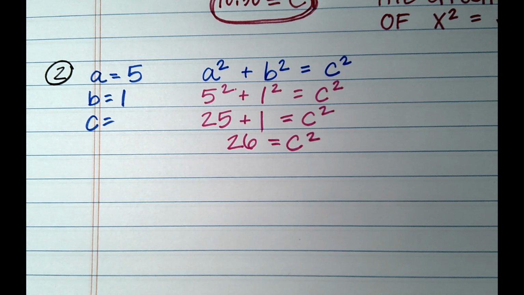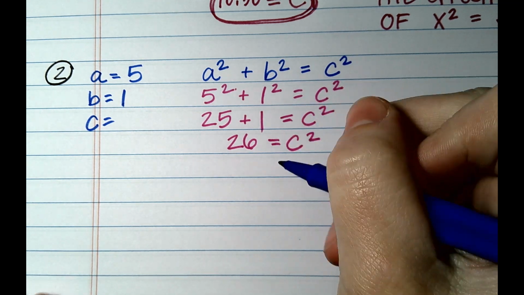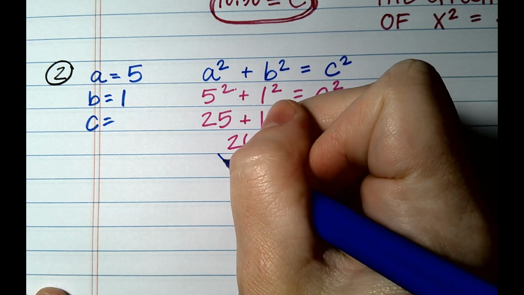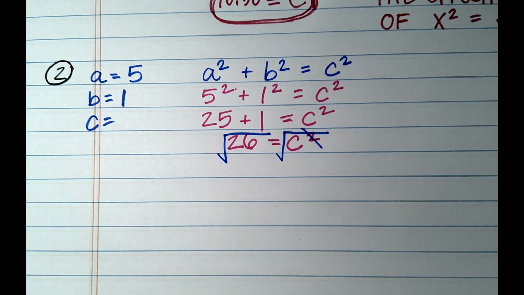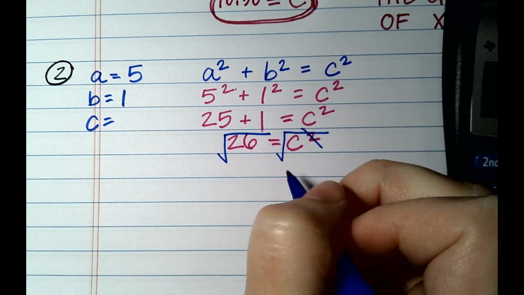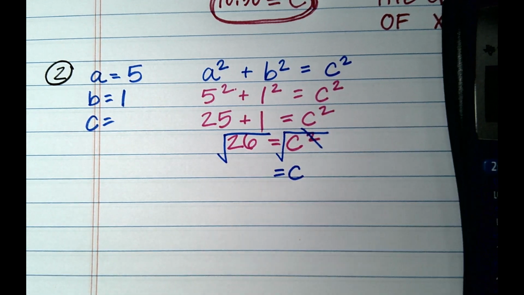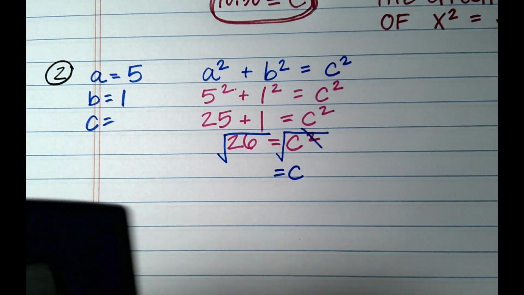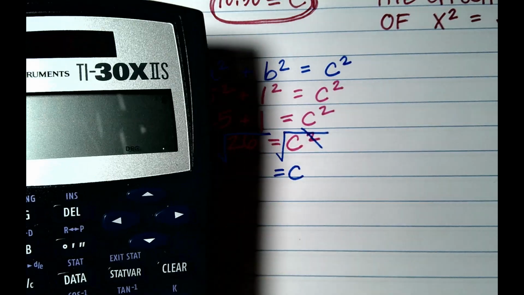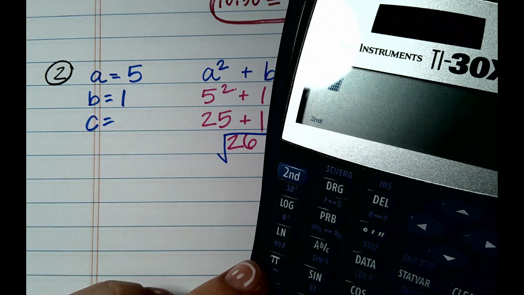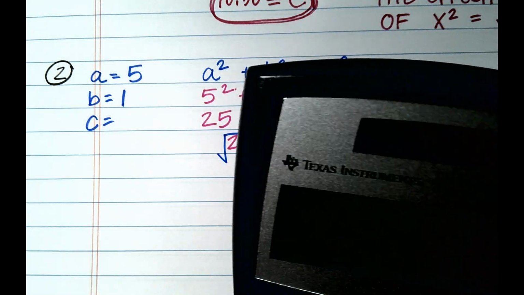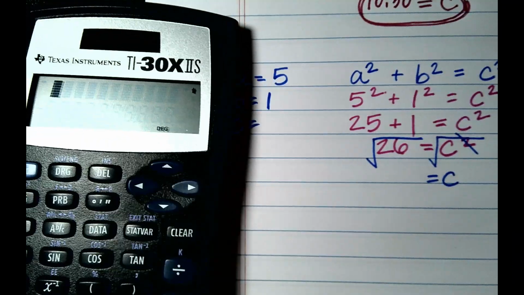Square root of both sides. That's going to give you c all by itself. 5.1? Okay, let's see, second square root. Oops, my goodness, I can't use a calculator to save my life.